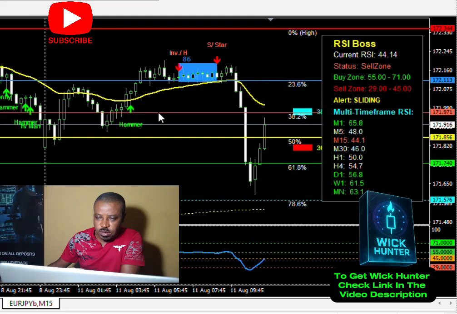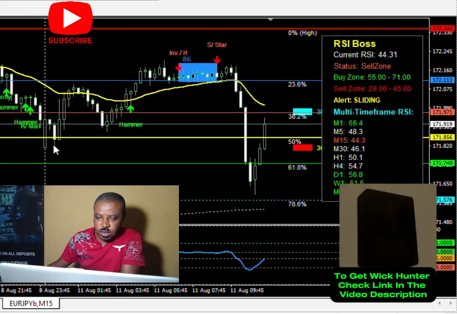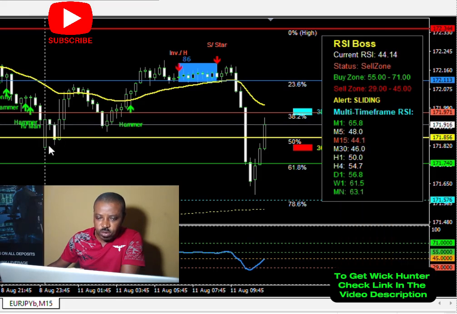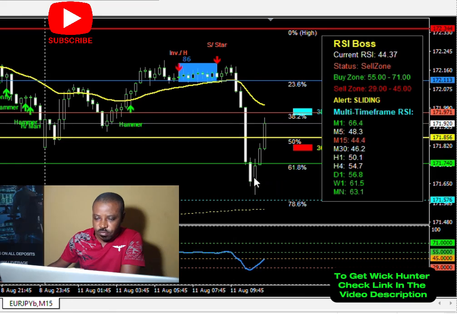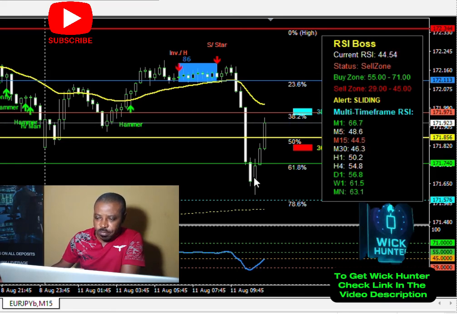Your target is supposed to be at the low of the start of the day, which is the most obvious low here. But the trade went that direction for 48 pips.